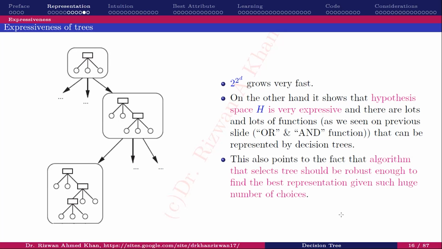But this also points to the fact that the algorithm that selects the tree, this tree inducer that will induce a tree, should be robust enough to find the best representation given such a huge number of choices. Out of those billion choices, this tree inducer will select one tree based on the data set.